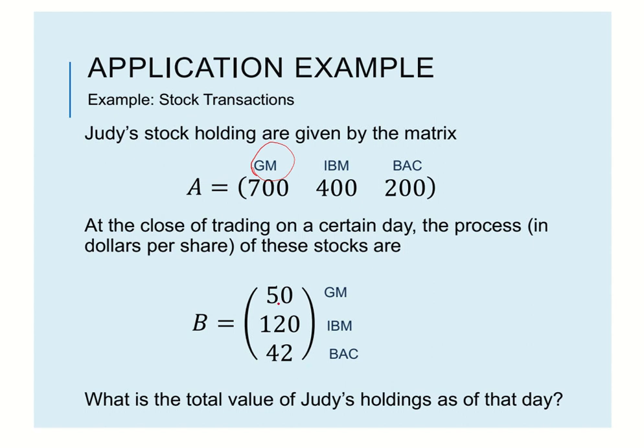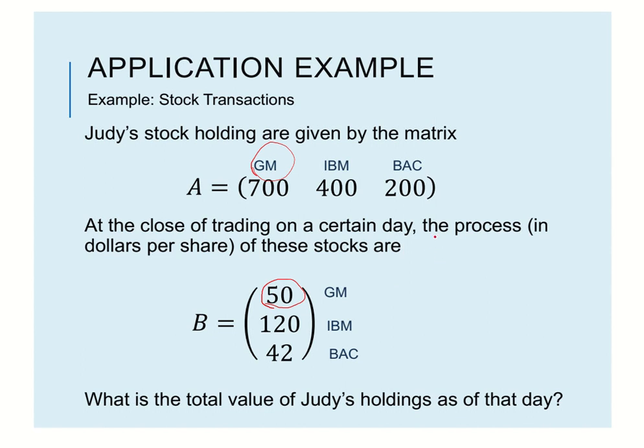So this value shows the price per share. What is the total value of Judy's holding as of that day? Now, how do we calculate the total value?